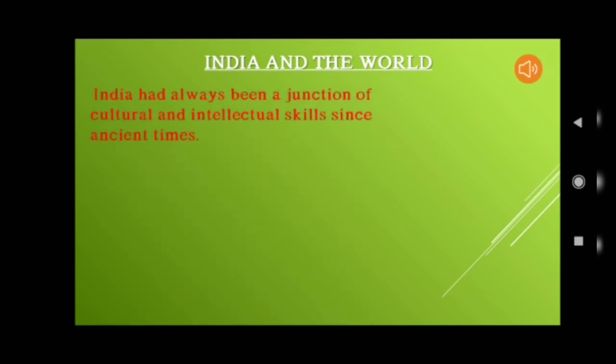Let us discuss certain other points that indicate that India is very properly connected with the rest of the world and has always been a point of interest for the entire world. India has always been a junction of cultural and intellectual skills since ancient times.